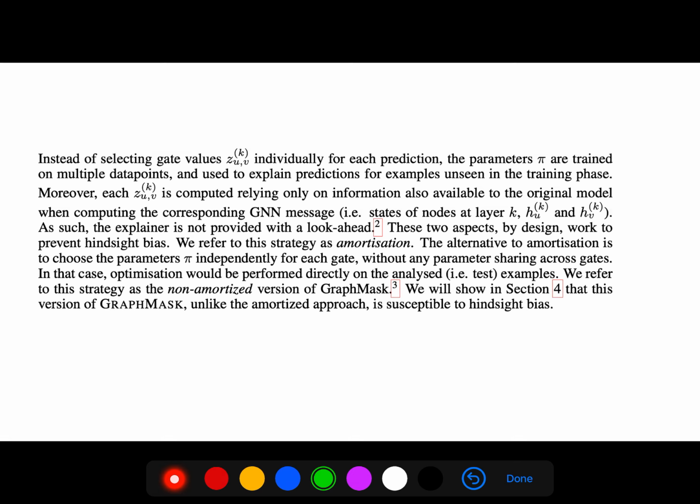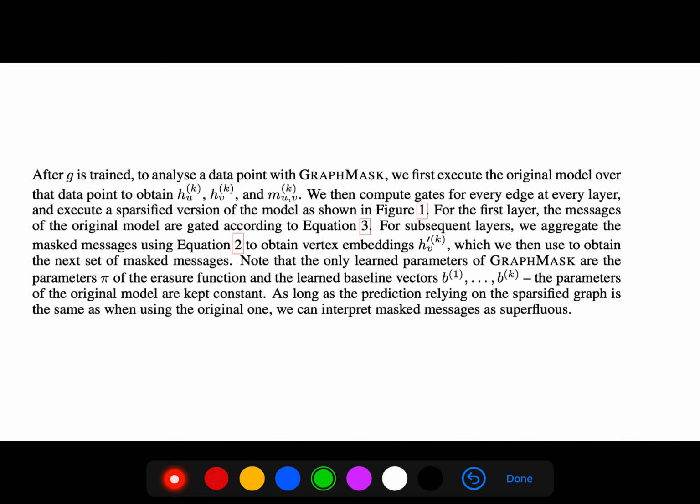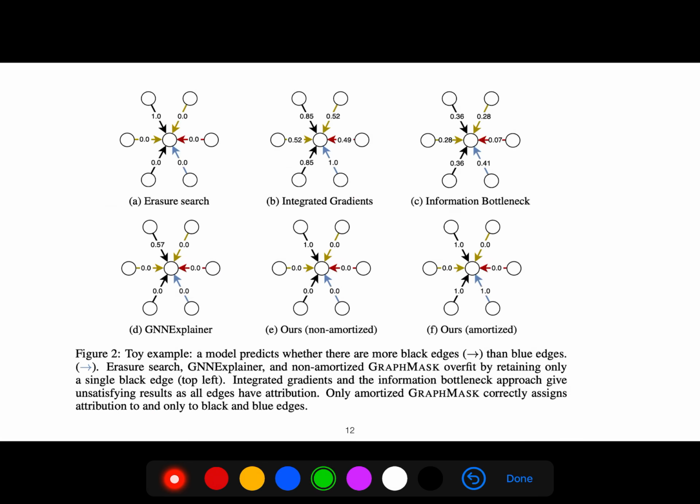Moreover, each Z is computed relying only on information also available to the original model when computing the corresponding GNN message. After G is trained, to analyze a data point with graph mask, we first execute the original model over the data point to obtain H and M. We then compute gates for every edge at every layer and execute a sparsified version of the model.